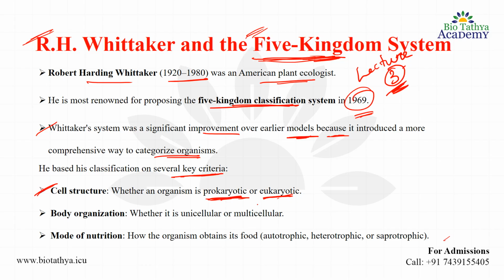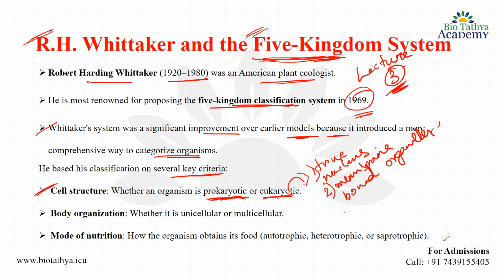So eukaryotes and prokaryotes: eukaryotes contain a true nucleus. I'm writing it here, just make a point of it. Take a pen and paper and make a note. First, it contains a true nucleus. Second, it contains membrane-bound organelles. Please take note of it so that you can remember it.